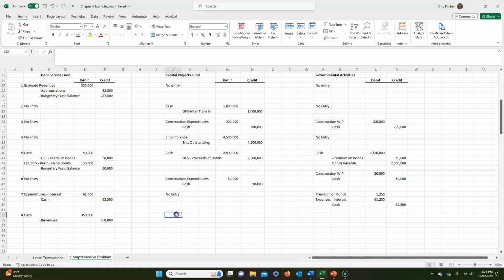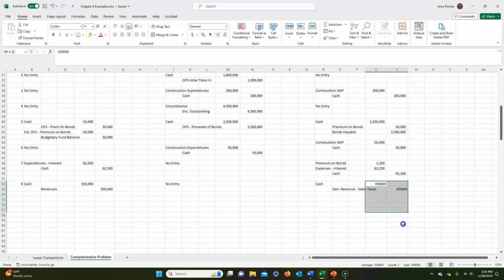In our construction project, there is no entry. And then in the governmental activities, we have cash of $350,000 and general revenue sales taxes of $350,000.